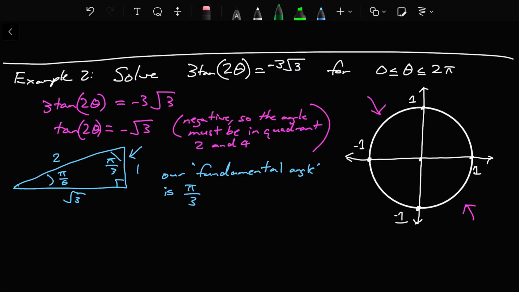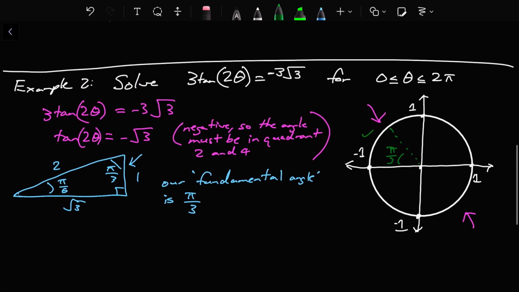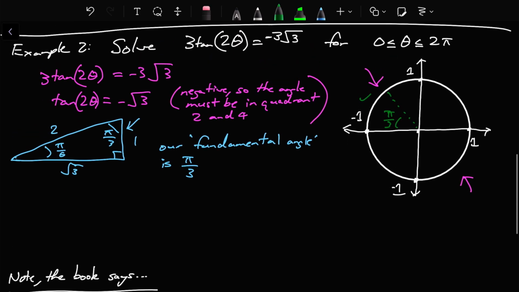again, we can't do this. Okay, we can't say pi on 3 because tan would be positive here. But we can do it on the other side according to symmetry. We can do it over here, right, where this is pi on 3. Okay, but what angle would that actually be? That angle would actually be 2 pi on 3.